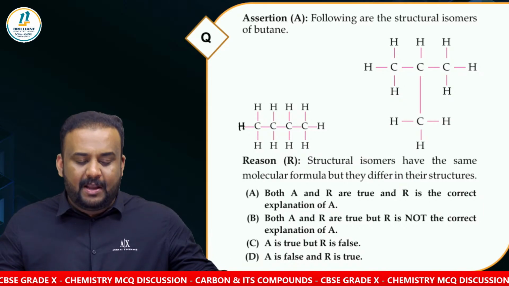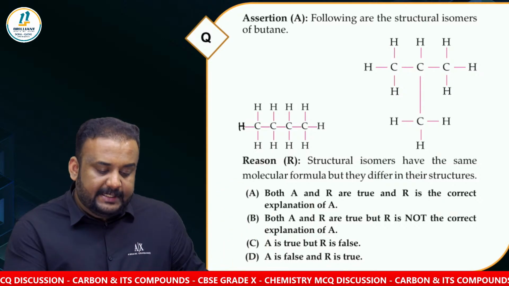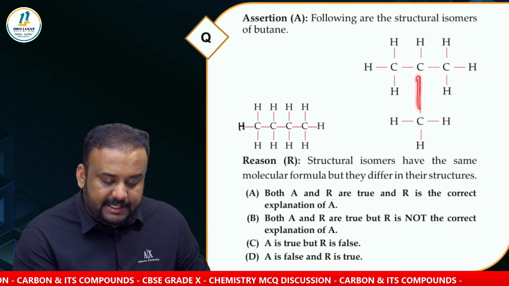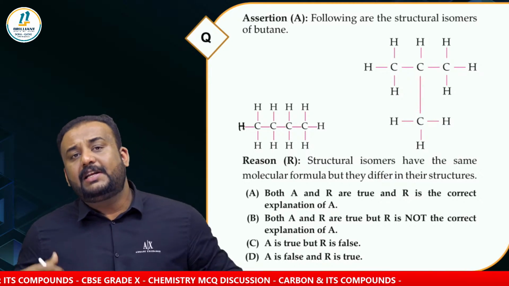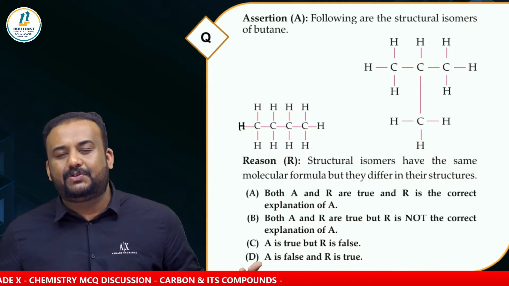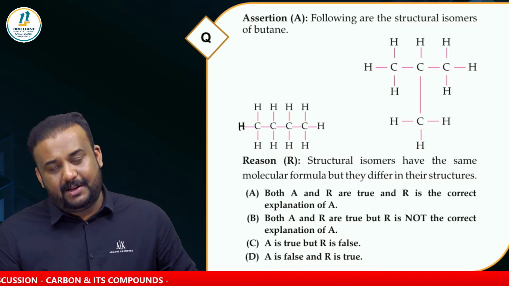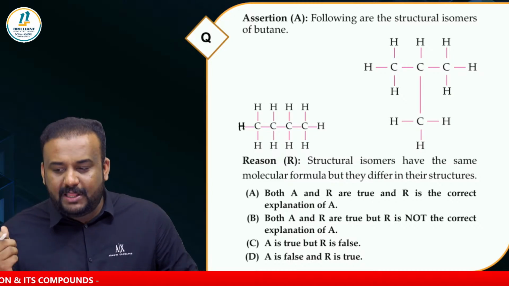So it is an isomer of butane. The second compound is CH3, CH, CH3, CH3. It is a branched isomer, isn't it? You have studied that butane has a branched isomeric form which is called isobutane or 2-methyl propane. Correct?